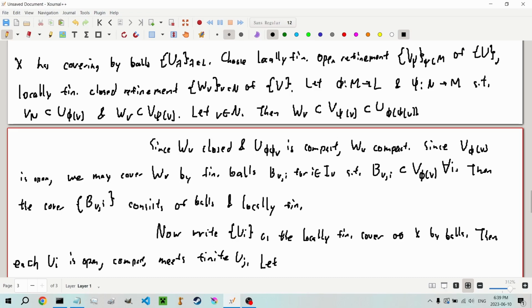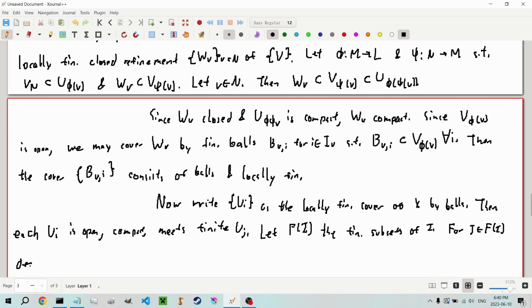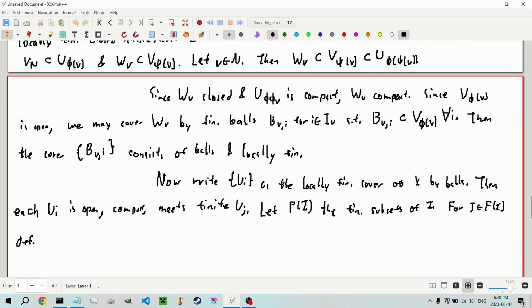So we're going to let f of I denote the finite subsets of I. Then for J being in f of I, I'm going to define U of J to be the intersection over i in J of U i, that's intersection, not union, with itself intersected with the elements of X not in any U j for j not in J.